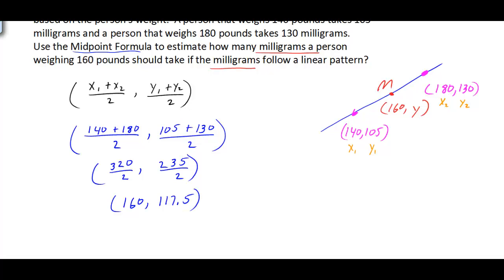So what that tells us is this is our y value, and that matches up with our point where we had the 160. This is showing us our 160-pound person. What do they need to take? The amount of milligrams. That means they're going to have to take 117.5 milligrams of this particular prescription.